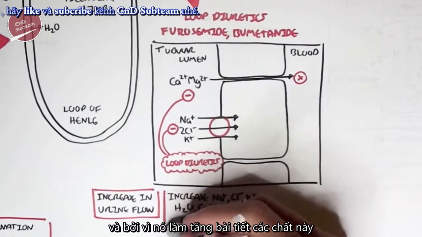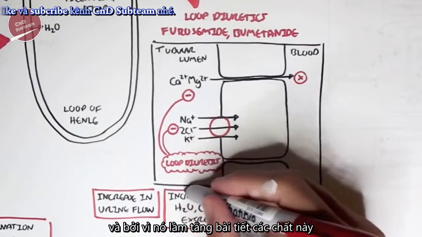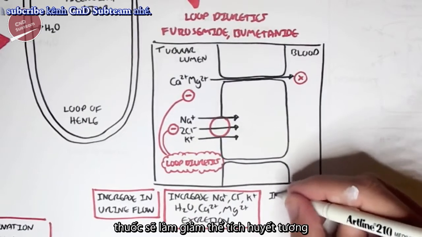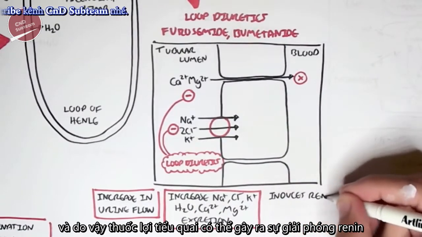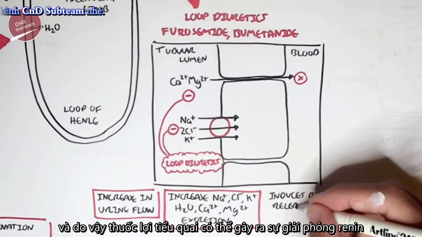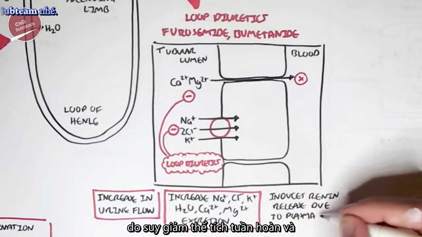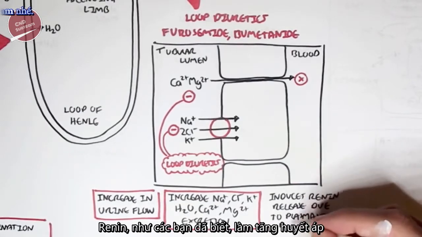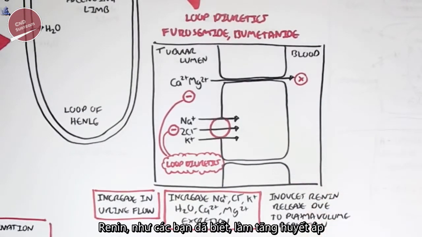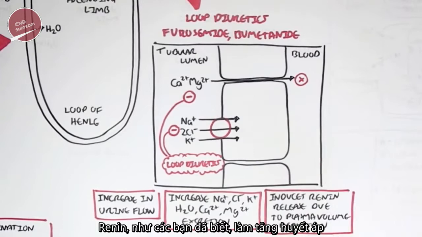And because they increase the excretion of these substances, they will therefore decrease the plasma volume, right? And thus loop diuretics can actually induce renin release due to the plasma volume depletion. And renin, as you know, will want to increase blood pressure.